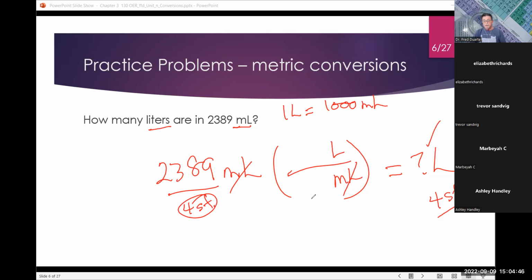So now it's a matter of just plugging in the factors and numbers. And I'm good to go. Now I do the mechanics. And I should end up with 2.389 liters. Okay? 2.389 liters, which is in the correct number of sig figs. This is an exact number, so it does not play a role in your sig figs.